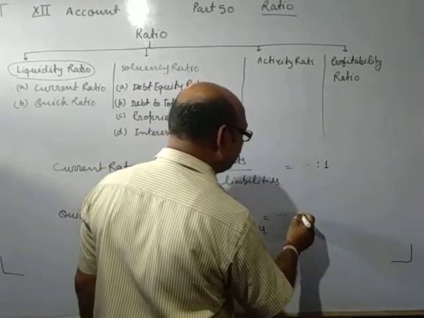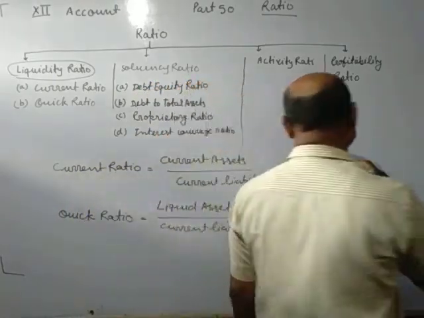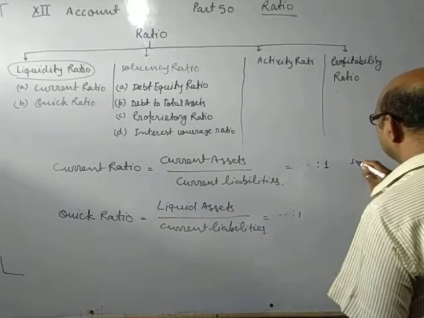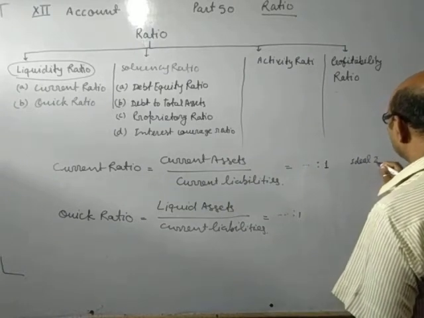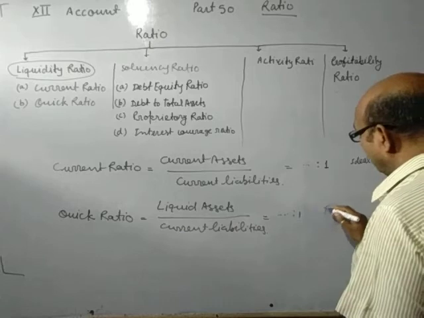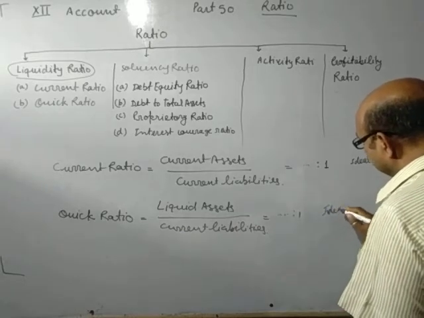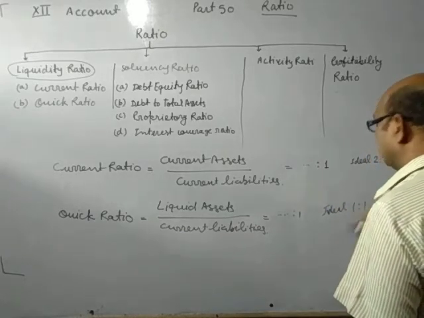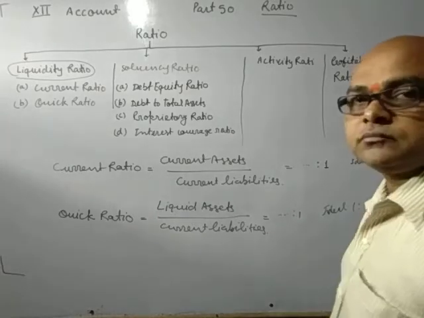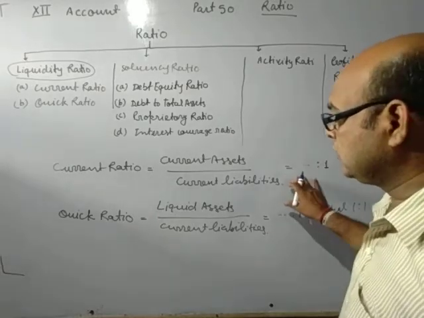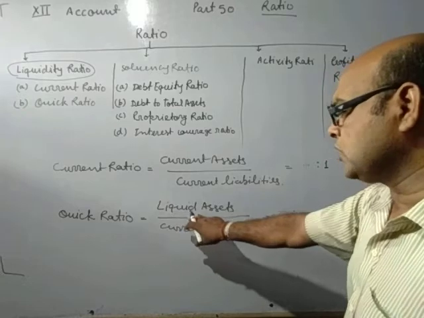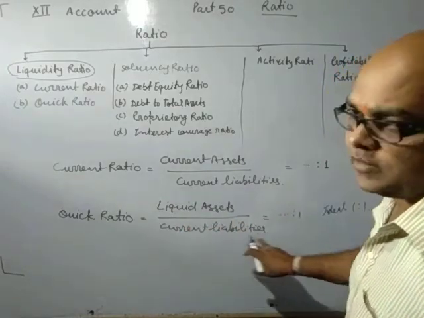That is also written as X is to 1. The ideal current ratio is 2 is to 1, and the ideal quick ratio is 1 is to 1. So for the quick ratio, you use the formula liquid assets upon current liabilities.